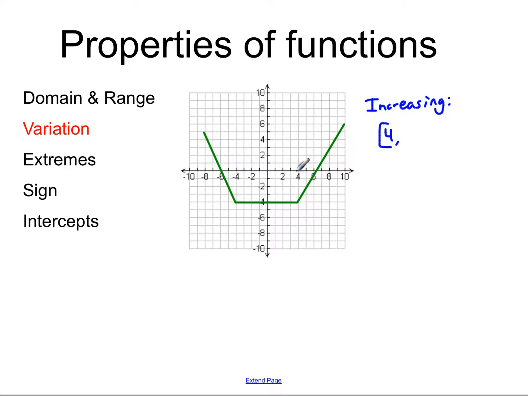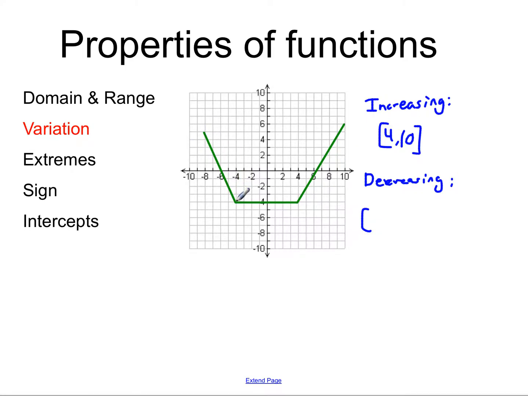It starts at the x value of 4, and it increases to 10, over the part of the domain from 4 to 10, this interval. So decreasing, over what interval is it decreasing? Try to find it yourself.